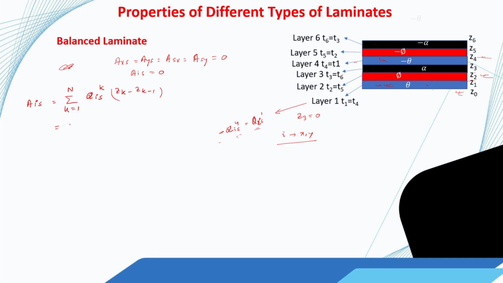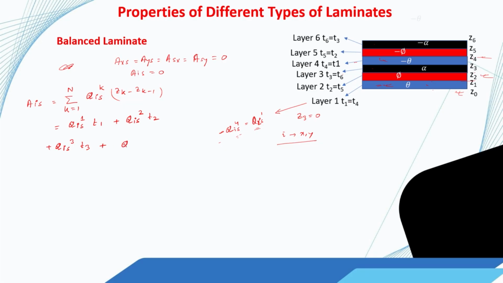So, if we do that, we can expand this. We can write QIS of the first layer multiplied by the thickness of the first layer, plus QIS of the second layer multiplied by the thickness of the second layer, plus QIS of the third layer multiplied by the thickness of the third layer.